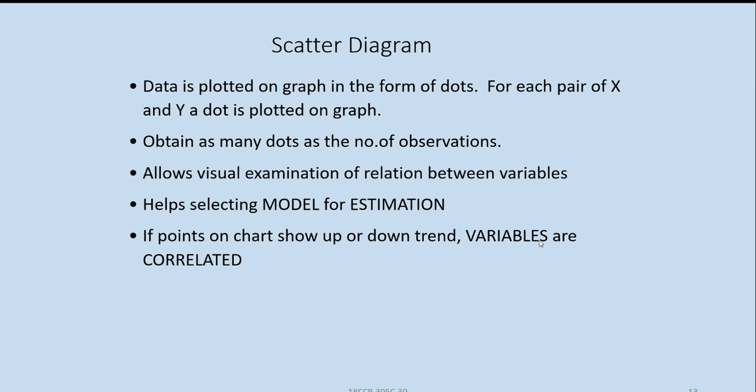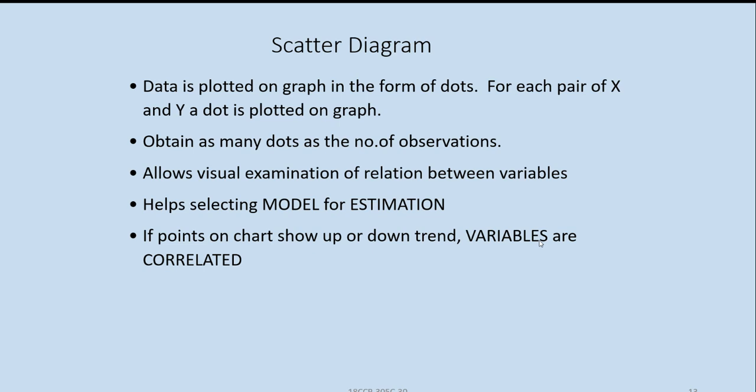Obtain as many dots as the number of observations means for each observation we will place one dot for x as well as y, and after that the dots will be plotted on the graph paper.